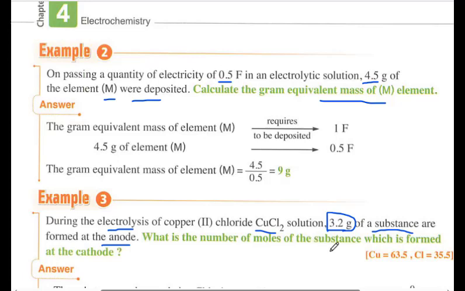He gives you the atomic mass of copper and the atomic mass of chlorine. For copper, we want to calculate the equivalent mass from the atomic mass. The equivalent mass equals the atomic mass divided by the charge of the copper. Copper here is +2, as it takes 2 from the halogen, from chlorine.